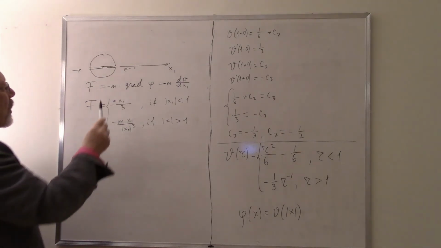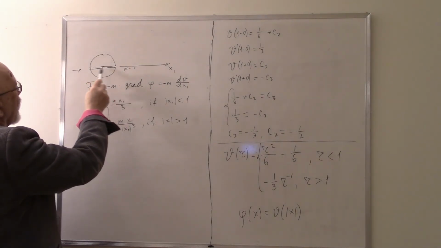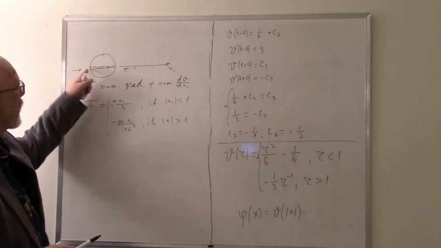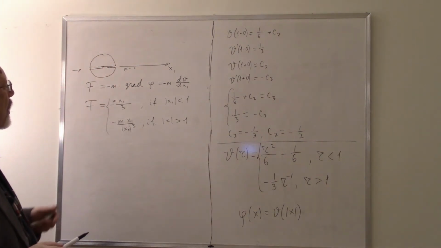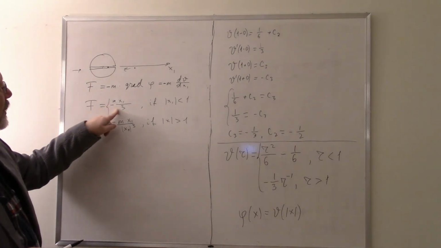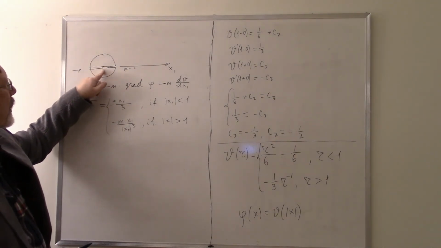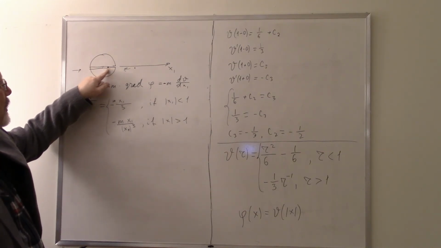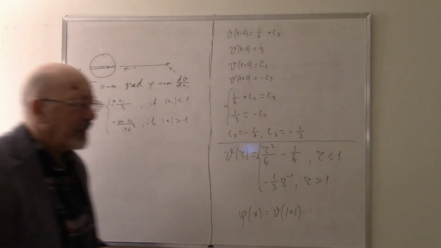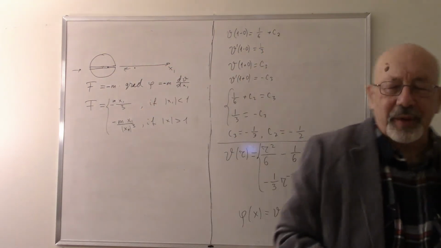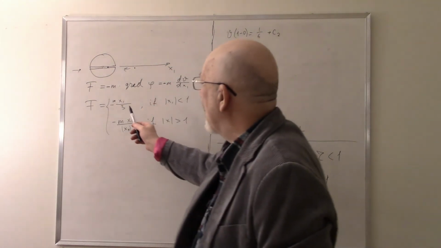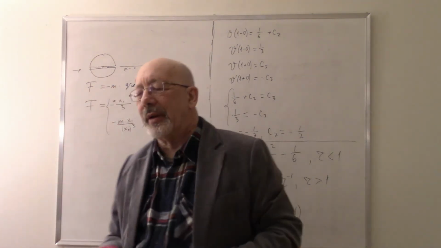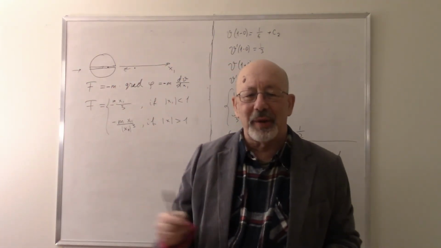That's it. So if we are inside the ball and move in this hole, then the force is proportional to the distance from the center and directed to the center. So our small particle will move back and forth like a pendulum, like a linear oscillator.